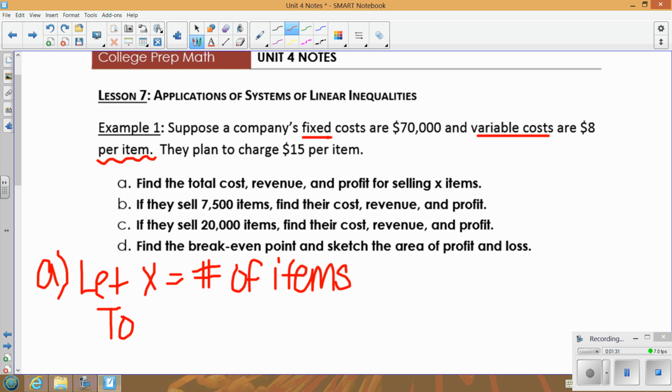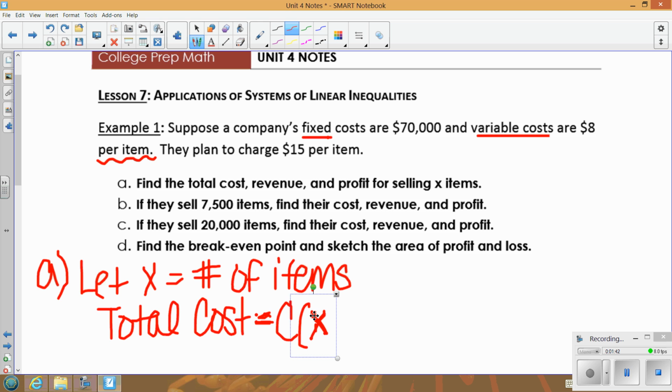So the first part here is talking about the total cost. We're going to call that C of x for total cost. C represents our cost.